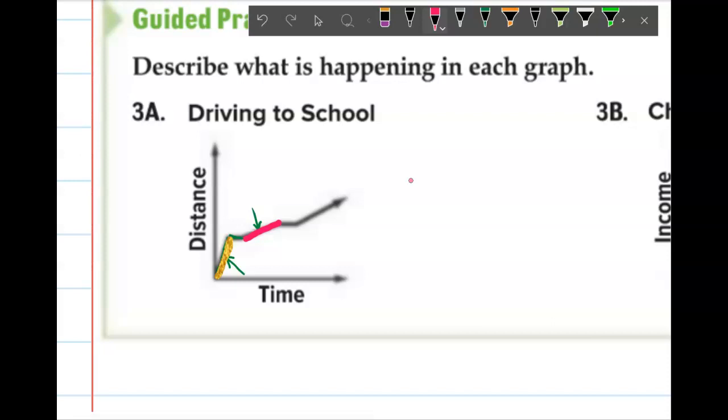Which piece were they going faster, do you think? Anyone can share an answer right now. What do you think? Yes, the first one, they were going faster. We know they were going faster right here because it has a steeper slope.